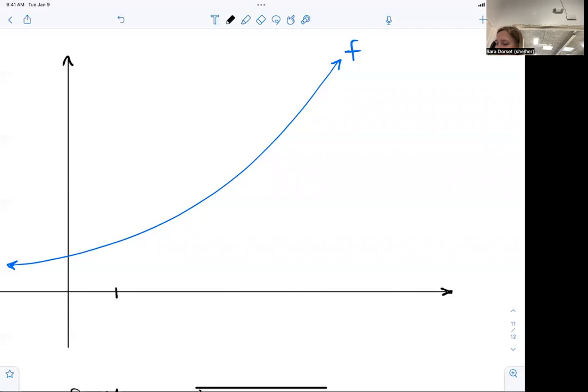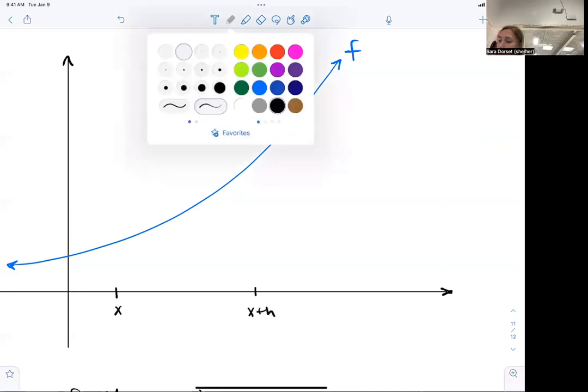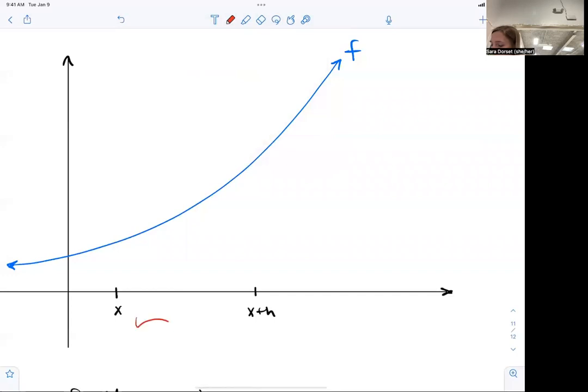So I'm going to call the endpoints of that interval x and x plus h, where the length of that interval would be h. So x corresponds to the point x comma f of x.